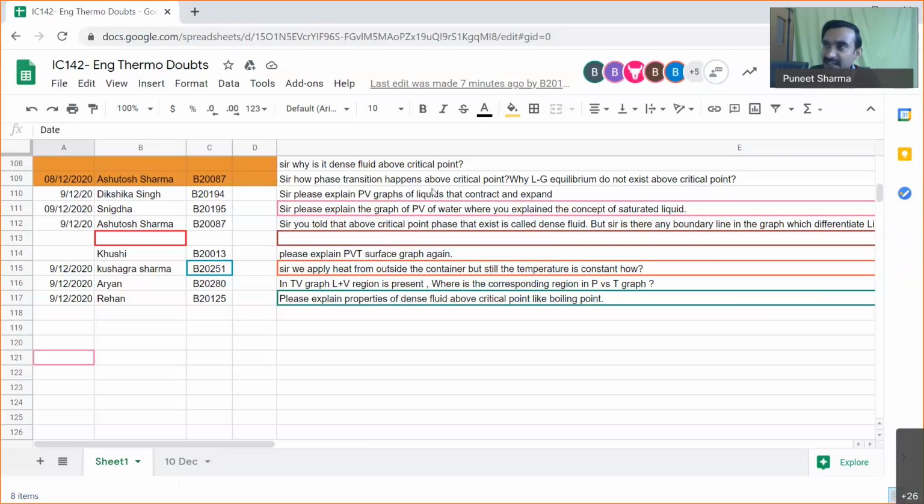However, the only thing is that we will be having temperature always greater than 374 degrees Celsius and pressure always greater than 22.09 megapascals. However, exactly we are not able to specify the property. It's a part of research. Many people are trying to obtain the boundaries beyond critical point for the demarcation between liquid and vapor phase. Okay. Rehan, clear?